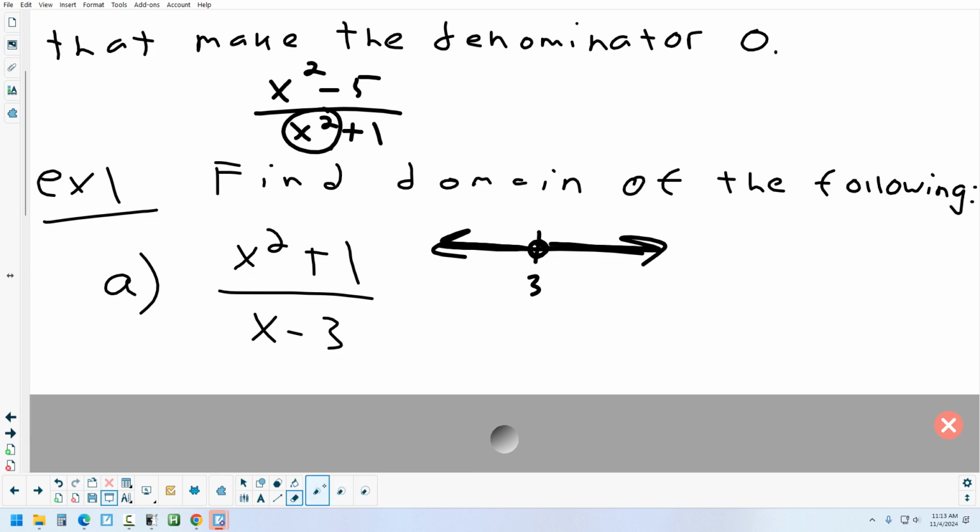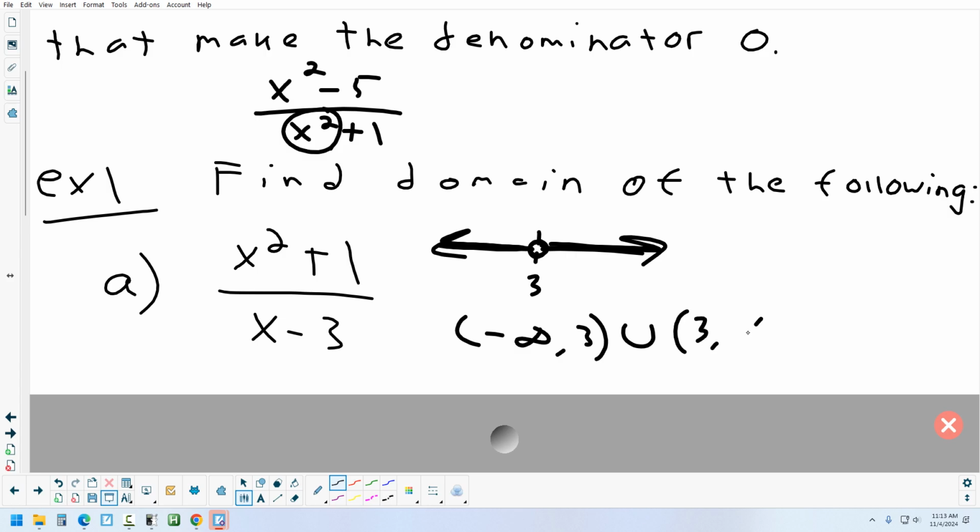So how would we write all the numbers that are lower than 3? Negative infinity, comma, 3, with the same symbol as the infinities. Okay, so negative infinity to 3, not including 3. And then not including 3 to positive infinity.